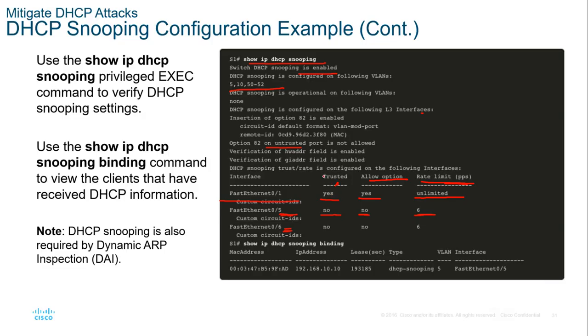Because we deal with the MAC address, with show ip dhcp snooping you'll be able to see the MAC addresses attached per interface.